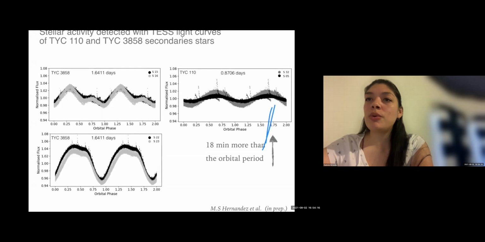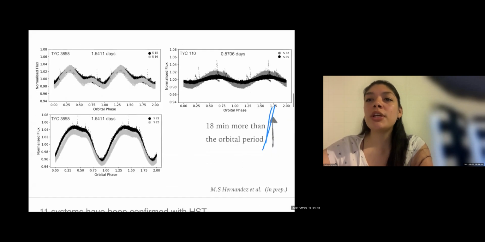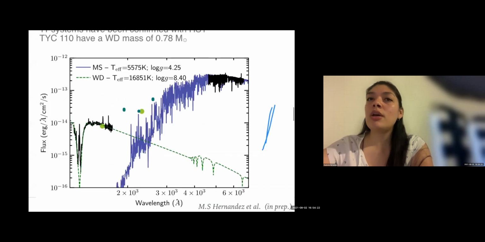Also for Tycho 110, we obtained HST observations among other 13 stars, if I remember well. And we could confirm the presence of the white dwarf in this binary.